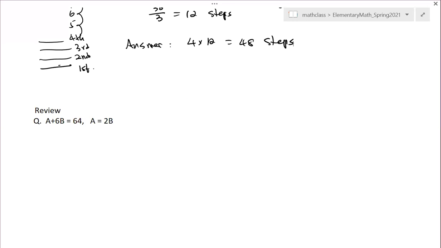So most of you got the right answer. Kevin did it too fast. Did not check the question. My question is to find the A, okay? Find A, find the value of A, okay?